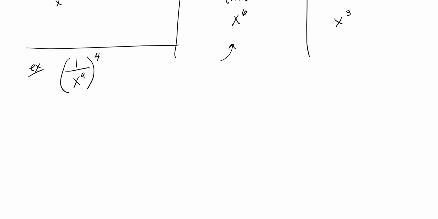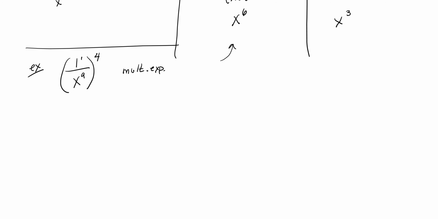So what is the shortcut for this one? Well, first, it is to identify all the exponents in the expression. So 1 has an understood exponent of 1, and x has an exponent of 9. And when I have the parentheses here, parentheses means multiply. So we're going to multiply exponents here.